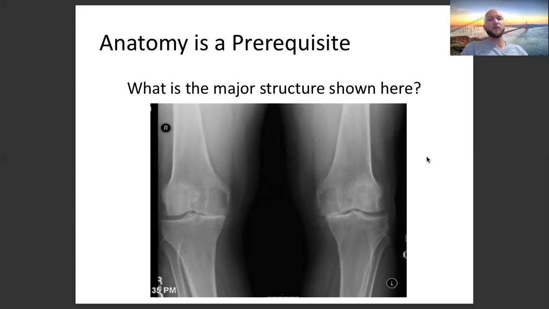Now, I don't expect you to be X-ray diagnosticians at this moment, but think about what you know about knees and tell me what you notice about these knees. I'm going to tell you, there's something wrong with the structure of these knees. All right, what is wrong with the structure of these knees?